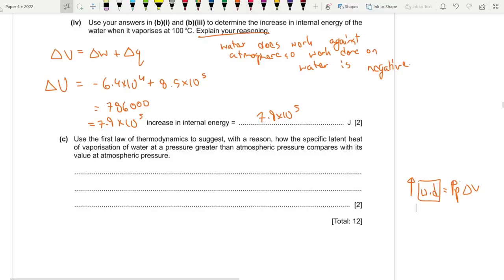So more work will be done by the gas, and as a result this value will become more negative. So as it becomes more negative, what's the problem? As it becomes more negative, the value of del U actually decreases.